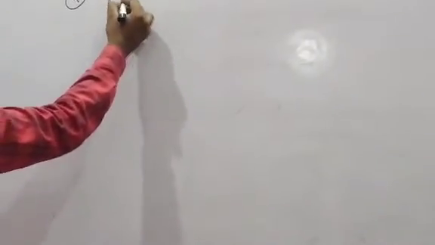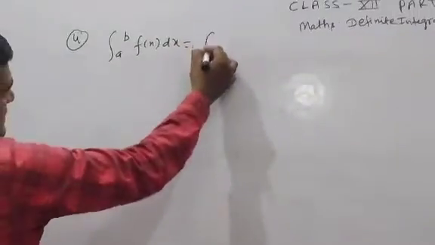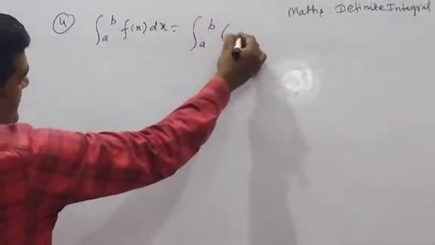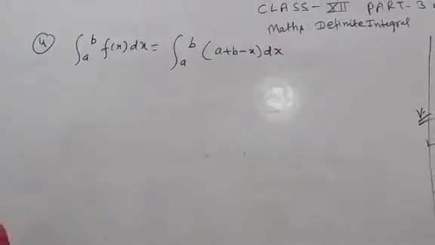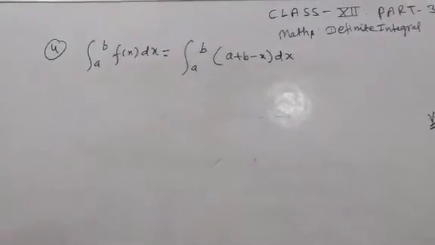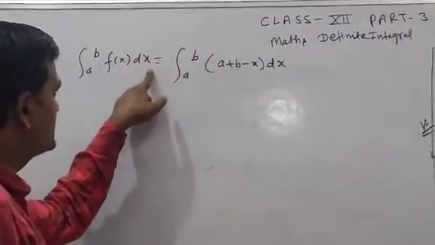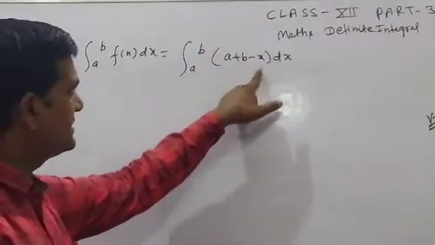Now see property number 4. The integral from a to b of f dx is equal to the integral from a to b of f of (a plus b minus x) dx. Any problem? Good.